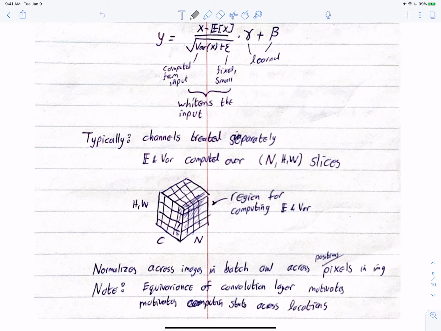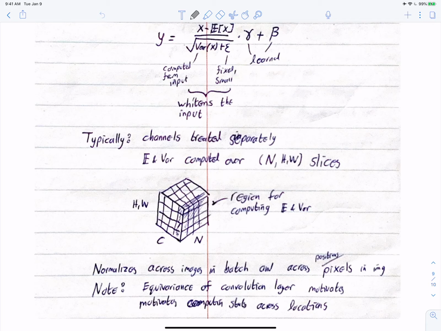The reason for why normalize across these directions, of course, you could make other choices, but remember that in a convolutional net, we're really believing in this equivariance principle, which is to say that we should treat pixels at different parts of the image the same.